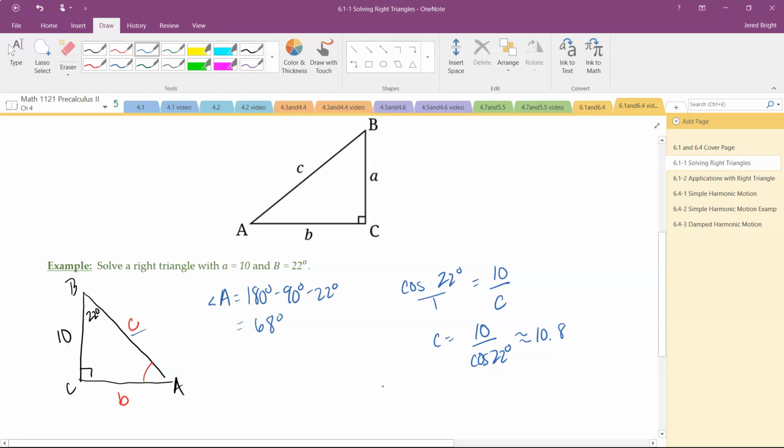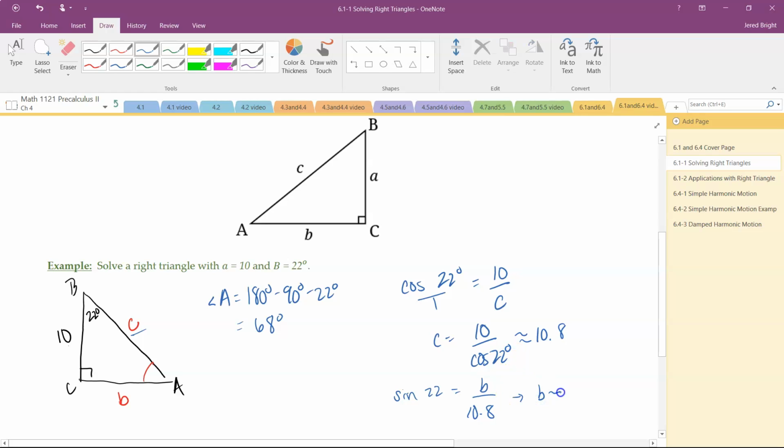And then lastly, for B, you can do this any which way you want. You have two sides now, so you can use the Pythagorean theorem if you want, or I'm just going to do sine. So I'm going to say sine of 22 is equal to B over C, and C we found to be about 10.8. I will be a little off here just because I rounded 10.8, but it doesn't matter that much.